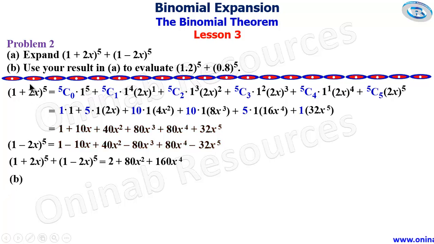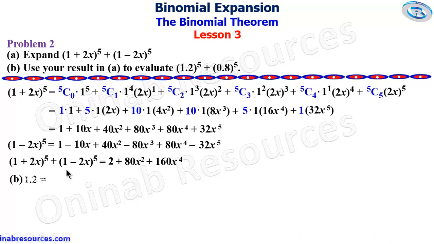For B, we have to use the result in A, this is our result here, to evaluate 1.2 to the power of 5 plus 0.8 to the power of 5. So to do that, we expand this. Whatever we have here as the value of x is automatically giving us the same value here. So we just need to verify one.